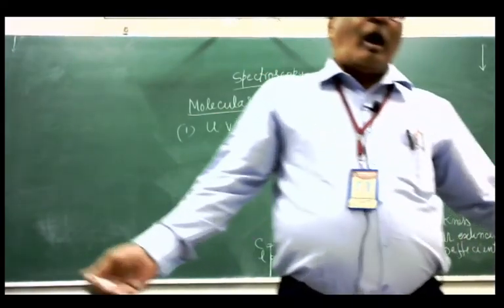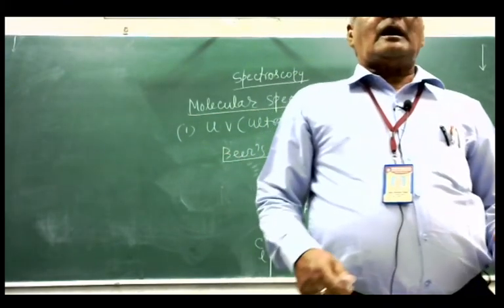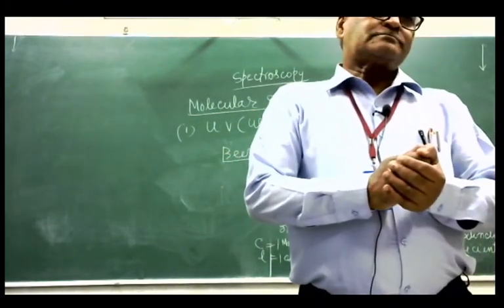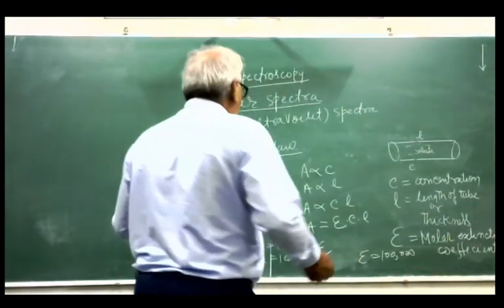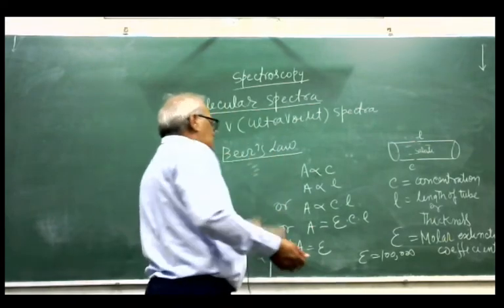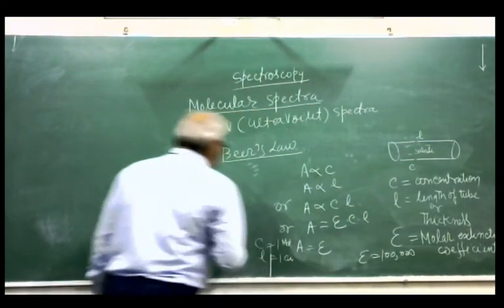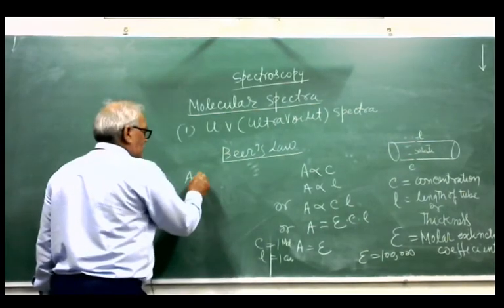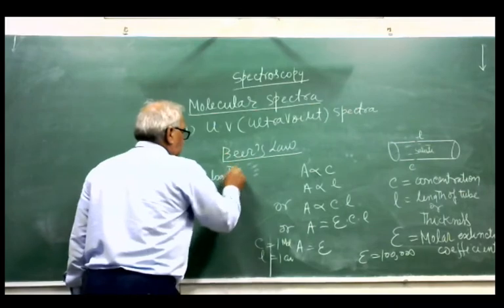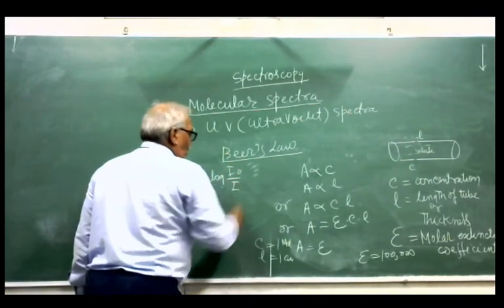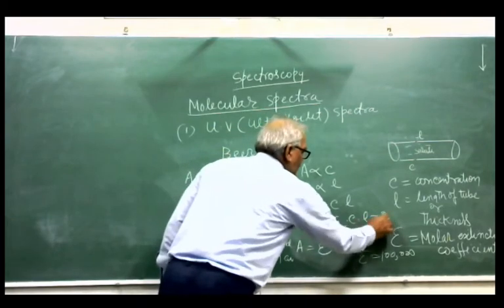Now, both laws are applied. Just see here, if Beer's law and Lambert's law both are applied, this is A equal to this much. And according to Lambert's law, A is equal to log I0 upon I. This is the second equation.